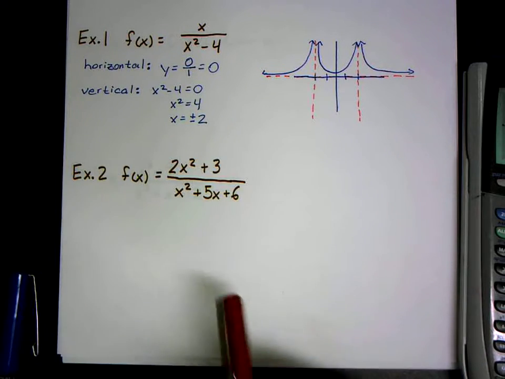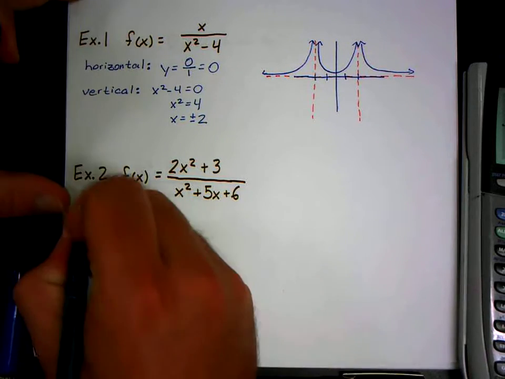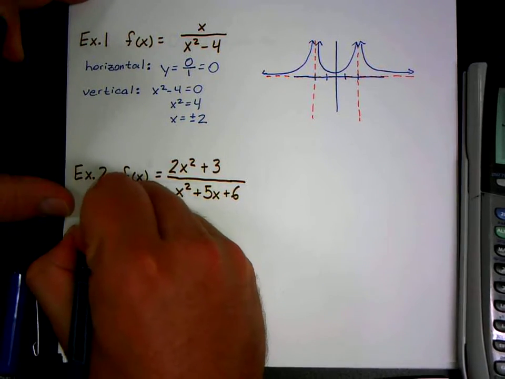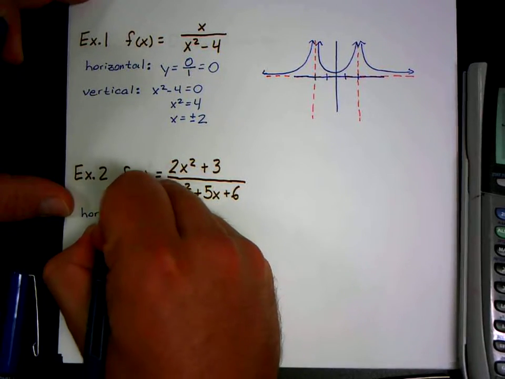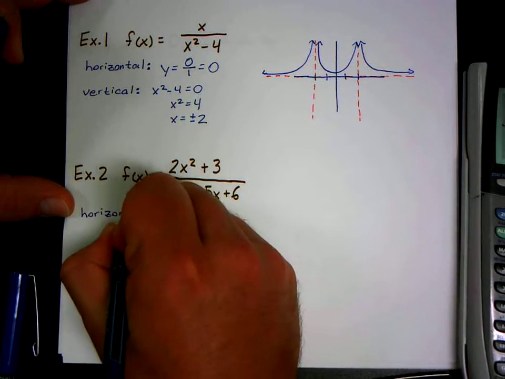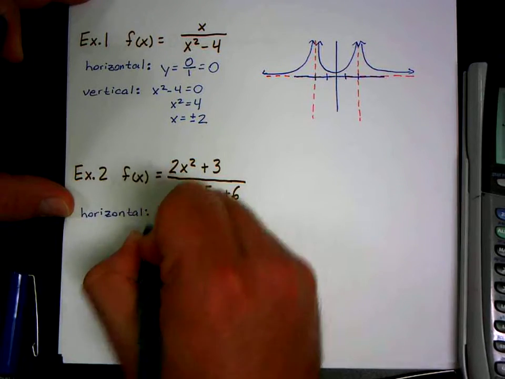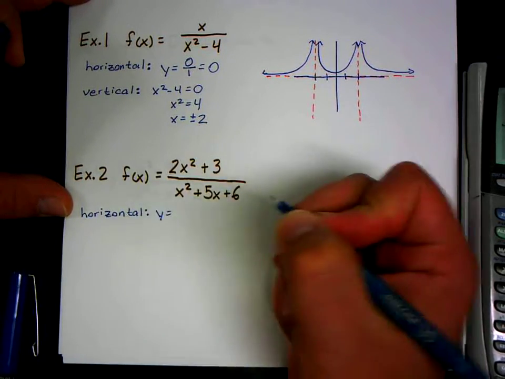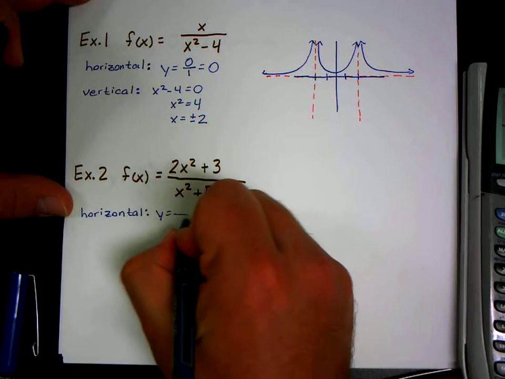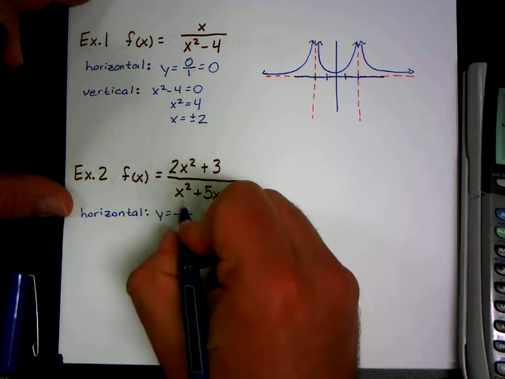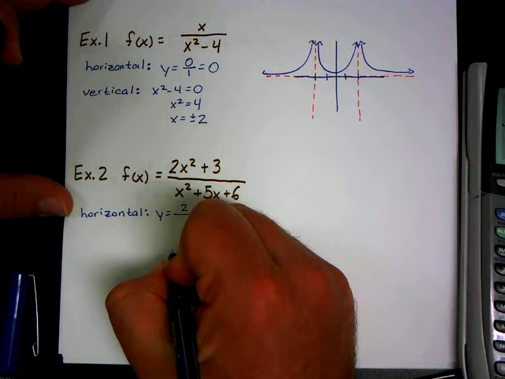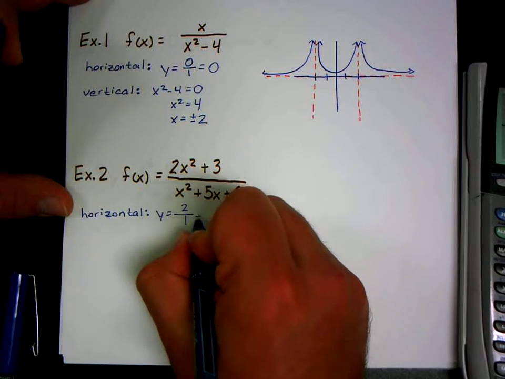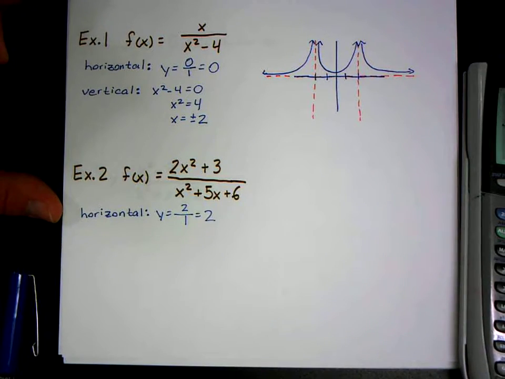All right, this one. What I would grade you on the test is your asymptotes. That's the part I'm concerned about right now. Okay, largest power is x squared. So the coefficient of x squared on the top is 2, on the bottom is 1. So my asymptote is going to occur at 2.